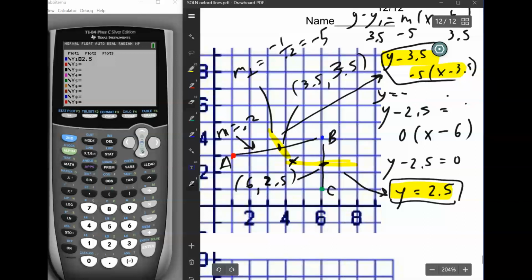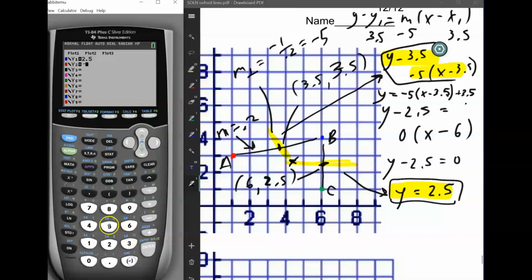So y equals negative 5 times x minus 3.5, and then I would have another 3.5, except this time I'm adding it. I'm not going to do distributive property and simplify this because I don't want to make a mistake, and it's not necessary because the calculator is fine with it not being simplified as long as y is by itself on the left side. Okay, I forgot the point. Negative 5 times x minus 3.5 in parentheses plus 3.5.